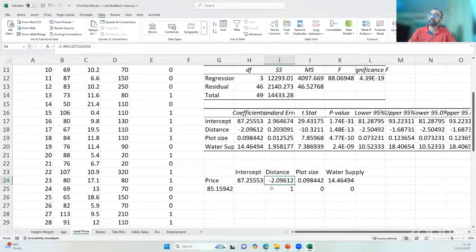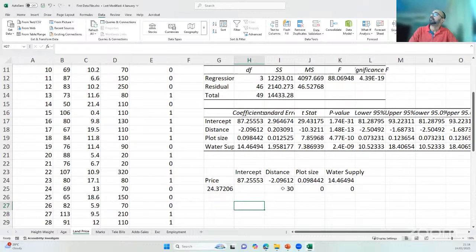If the distance is 10 kilometers, the price will drop by 20.96. If it is 30 kilometers, the price will drop 3 times that.